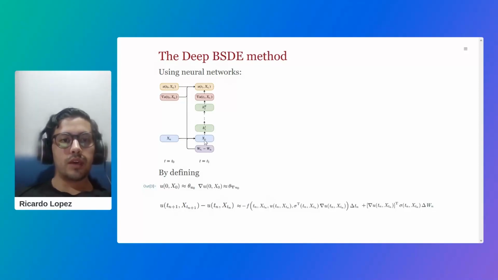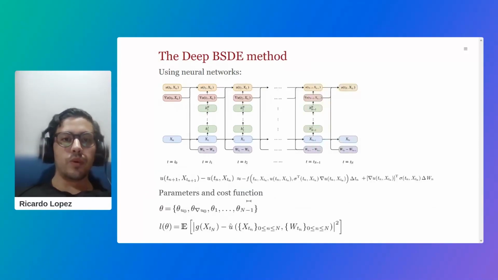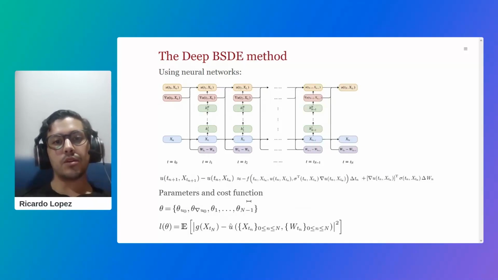So with x, by training this neural network, we will get the gradient. And then with the gradient, we can use the equation we just saw and obtain the value for the next time of the solution that we're interested in. Then we will repeat that for each of the times. So we will build a bigger neural network from that.